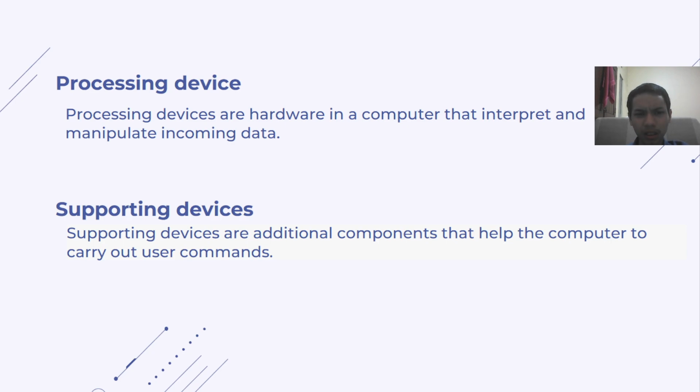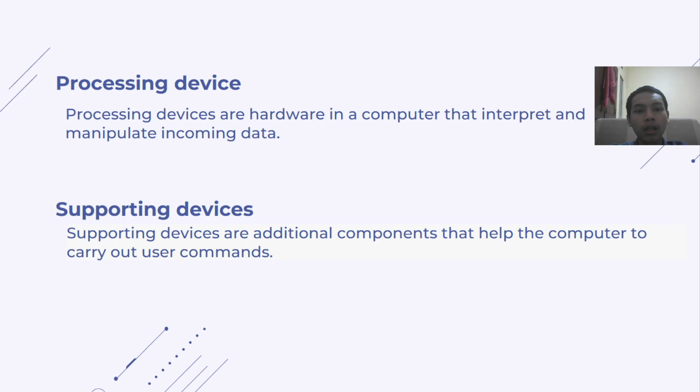In computers, processing devices play a major role in processing data based on instructions given by the program. Types of processing devices include a CPU, Central Processing Unit, a GPU, Graphic Processing Unit, motherboard, and others.